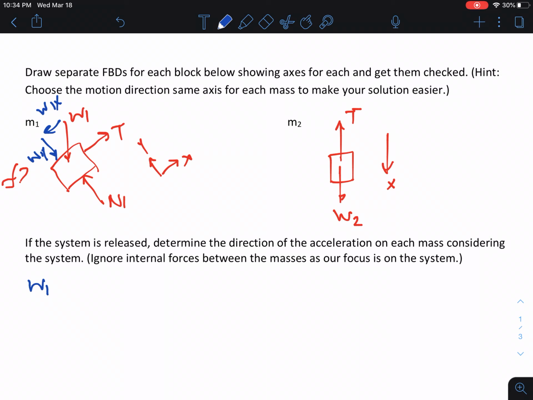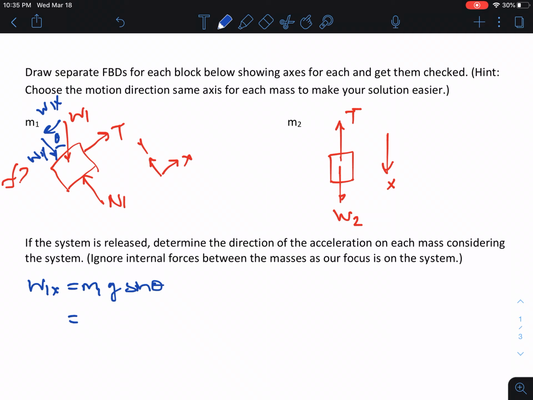So W1X is M1 g sine theta, where theta is our inclined surface angle. And again, I'm not going to plug the numbers in this time.